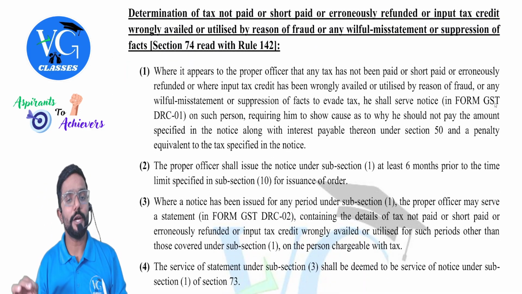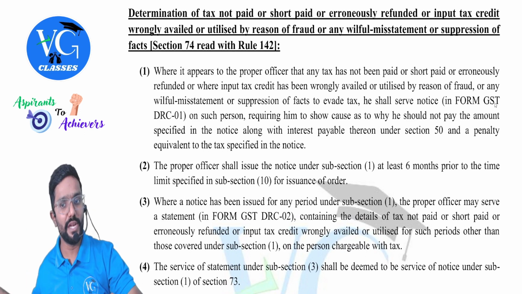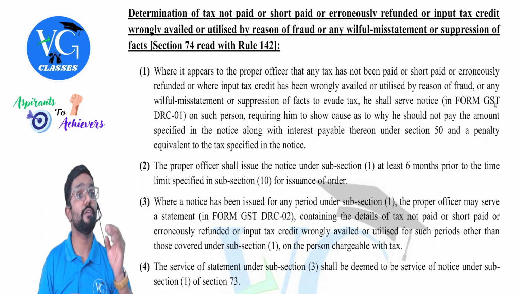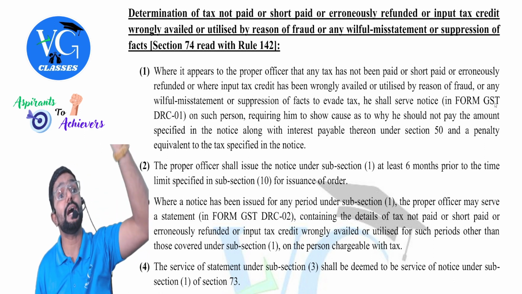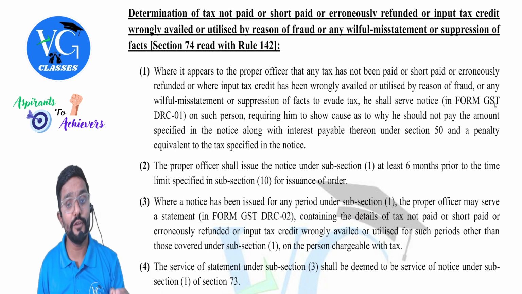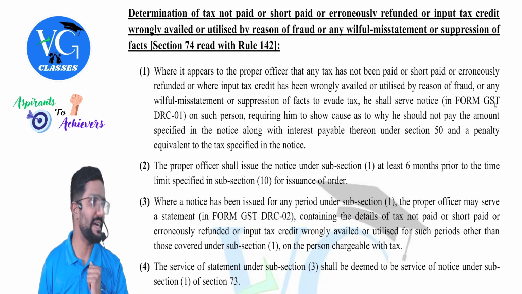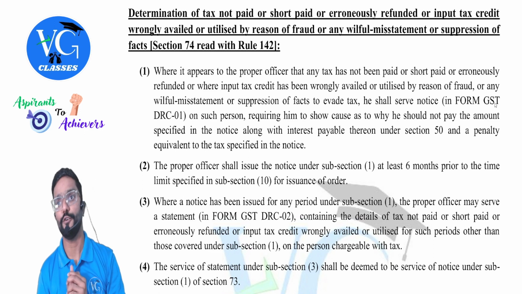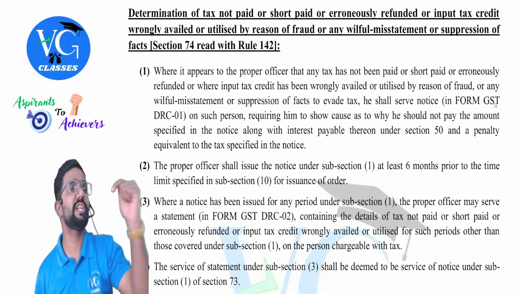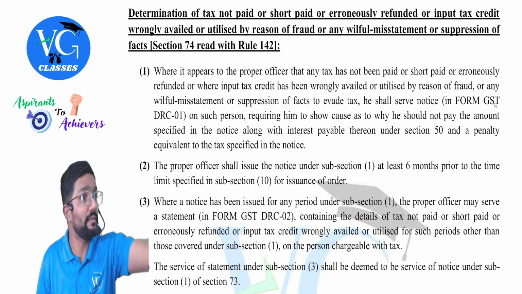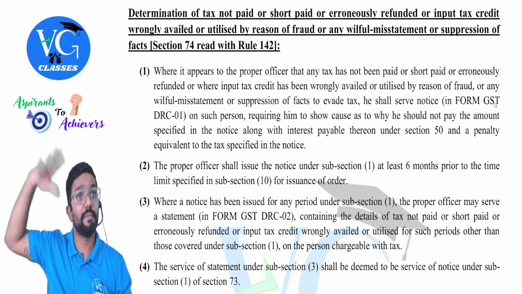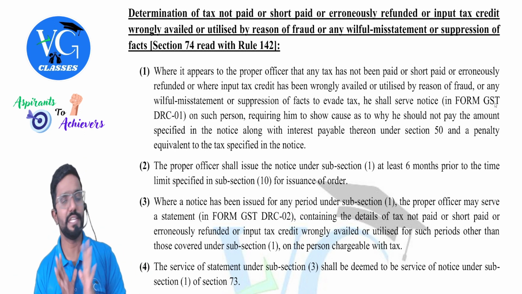Determination of tax not paid, short paid, or erroneously refunded, or input tax credit wrongly availed or utilized by reason of, okay. Previously it was other than fraud, but here it is fraud, willful misstatement, or suppression of fact. Section 74. Guys, you know what is fraud? With an intention, I did it. I knew I was supposed to pay, but I didn't pay. I knew I was supposed to claim only 2 lakh credit, but I claimed 5 lakh. Intentionally.